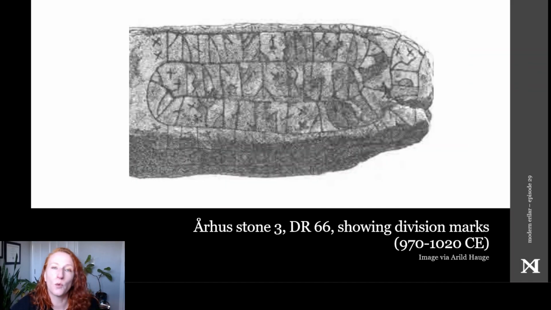Most of the examples where word division was consistent, and especially those that used space instead of division marks, show some other features which indicate some influence from Latin writing practices, such as the dotted runes, like those on the Aarhus stone, doubled consonants, and bind runes. So we can conclude that consistent word division, especially using spacing, may correlate with and may have been influenced by Latin literacy.